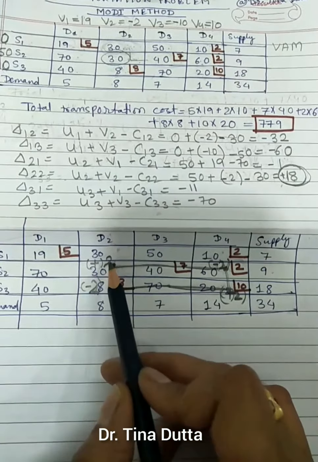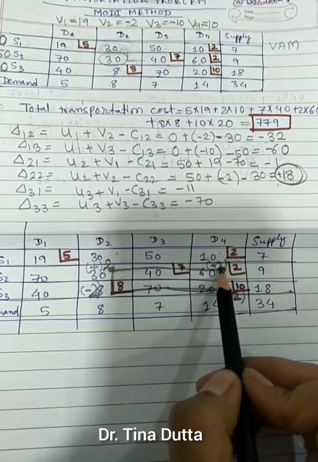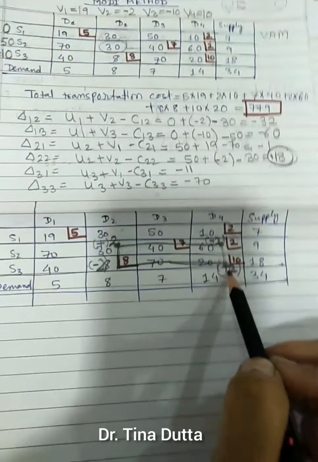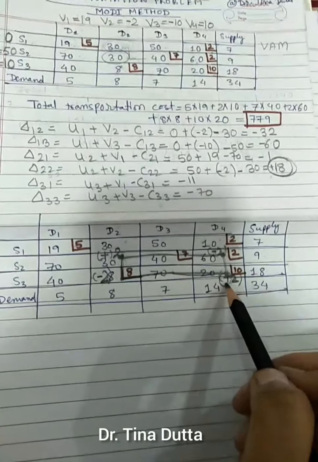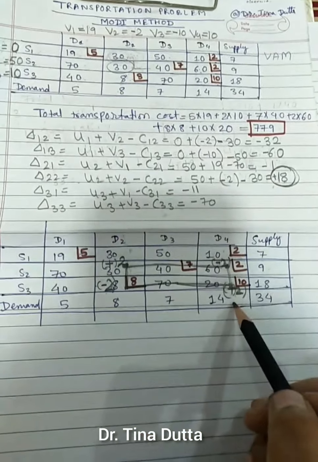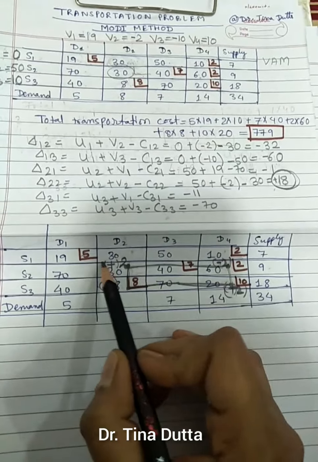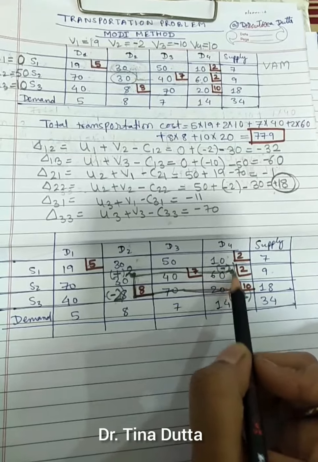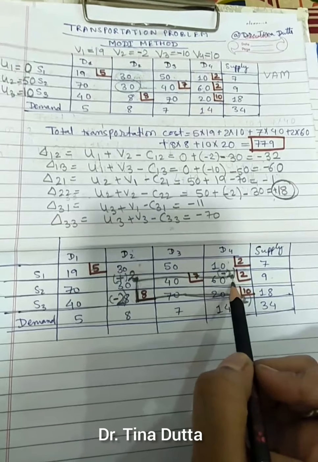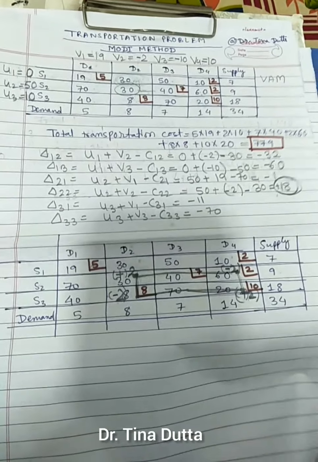Once I have done this, plus 2, minus 2, here minus 2, plus 2, then I will write the problem again on a fresh page and I will write the new allocations. So in the new allocation, here 2 goods will be there, and here 2 minus 2, that means 0 goods. So let's write the new allocation.